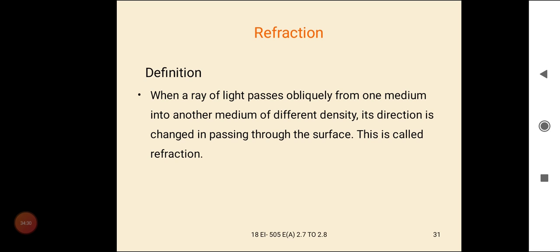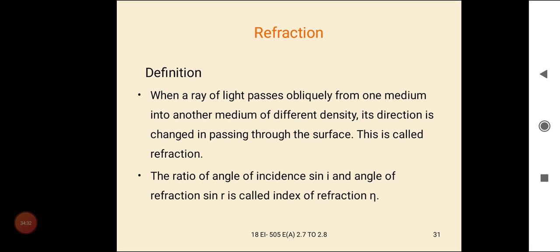This is called refraction. The ratio of the sine of the angle of incidence, sin I, and the sine of the angle of refraction, sin R, is called the index of refraction, eta.